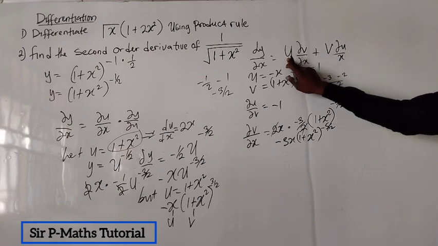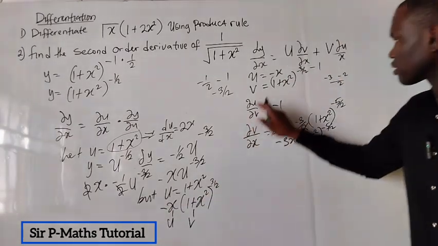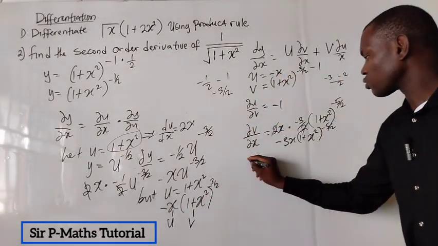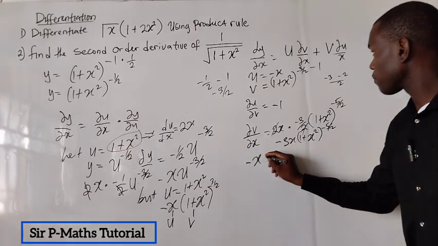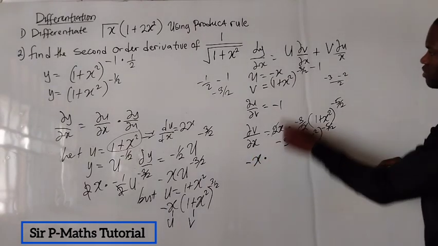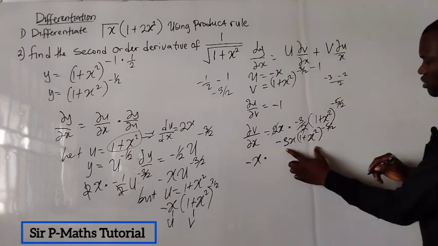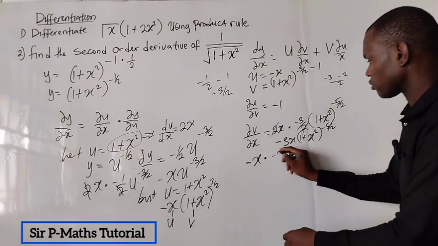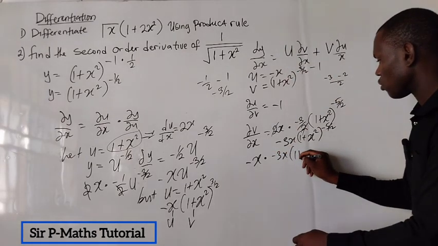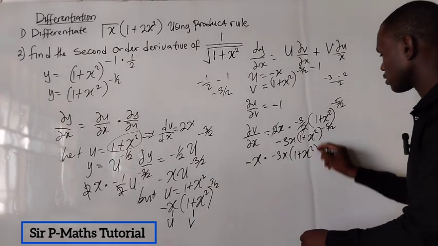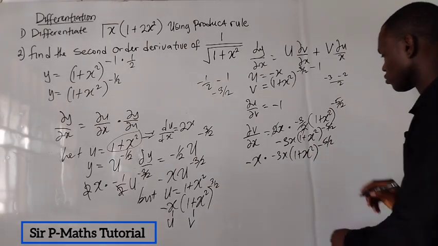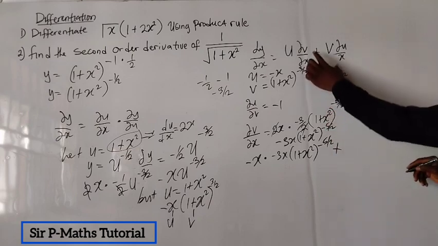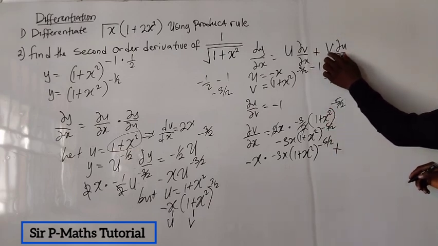So our u, don't forget, is minus x. Look at it here, minus x. So we keep it minus x, multiplying it against the derivative of v, which is this, minus 3x into 1 plus x squared raised to the power minus 5 over 2 plus, add it to, keep this one v.